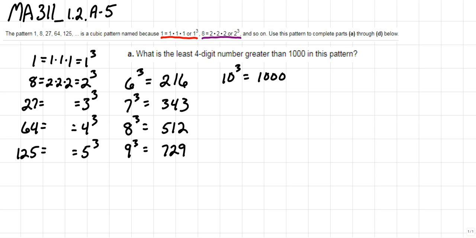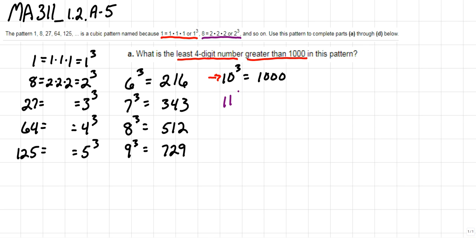Now, we have found the pattern from 1 cubed through 10 cubed. If we look back at the problem, we're looking for the smallest 4-digit number that's greater than 1,000 in this pattern. We already know that 10 cubed is equal to 1,000, so we could have started right here and figured, okay, since we are taking the counting numbers, i.e. the natural numbers, and we're cubing them, what would be the next natural number that I would cube in this sequence?